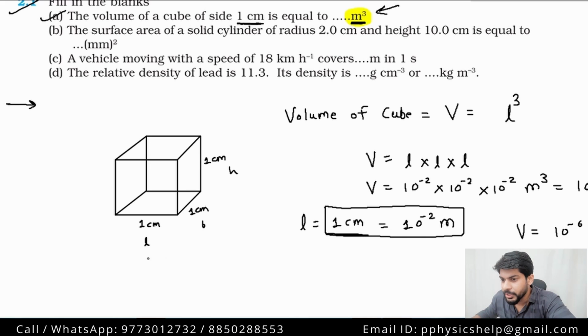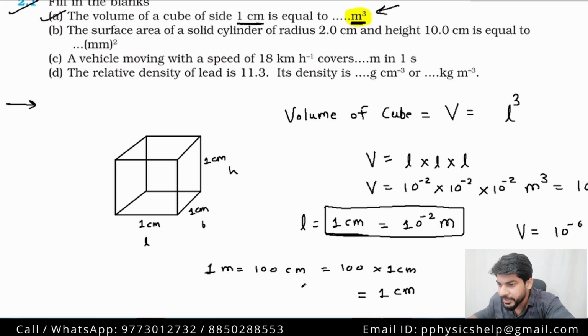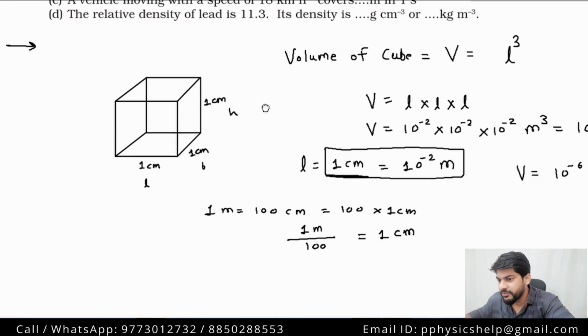It's very simple. See, we know 1 meter is equal to 100 centimeters, right? Or we can say 100 into 1 centimeter, right? So from this we can say 1 centimeter is equal to how much? It's just 1 meter upon 100, isn't it? So that is the conversion factor.